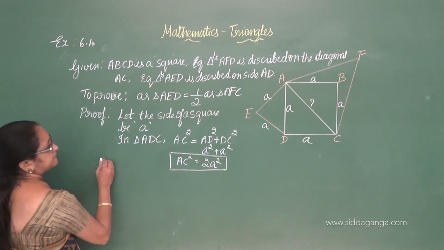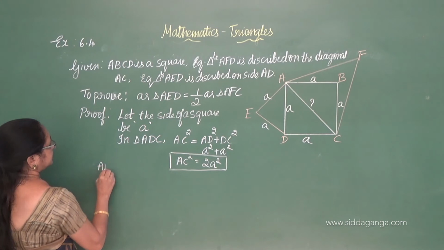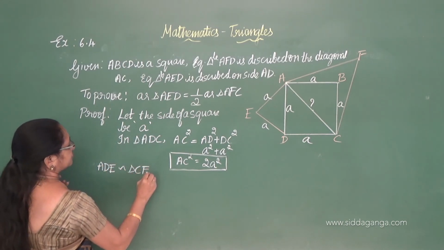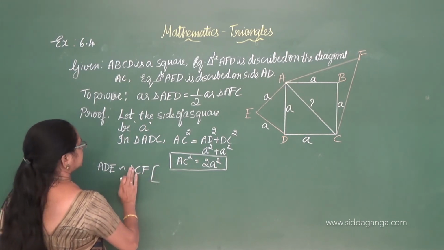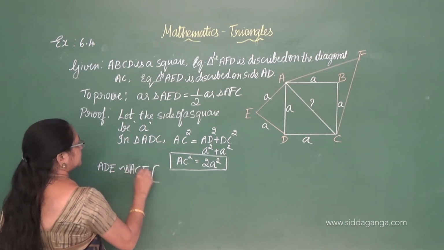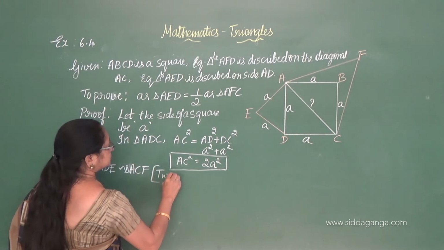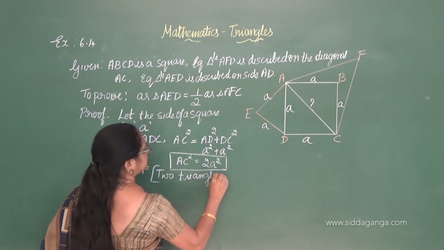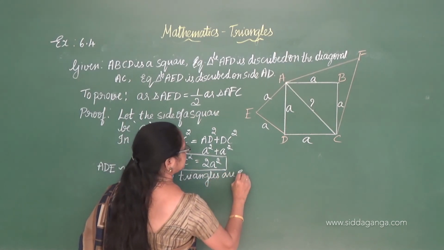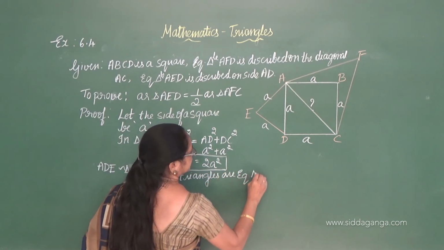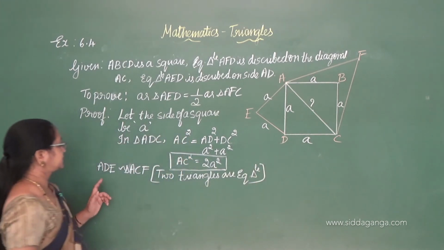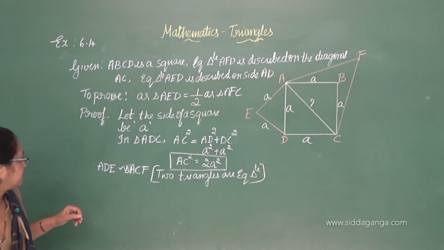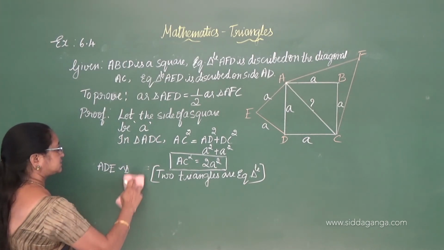Triangle ADE is similar to triangle ACF because the two triangles are equilateral triangles. This is the reason why I wrote these two triangles are similar. I hope you understood this.